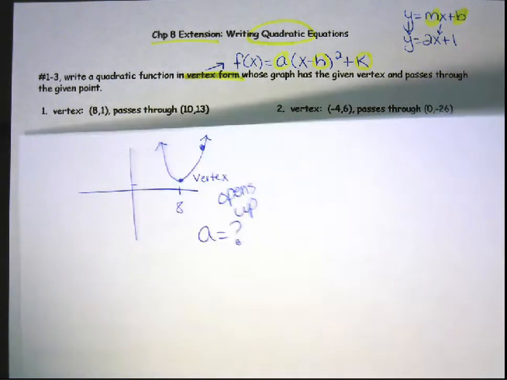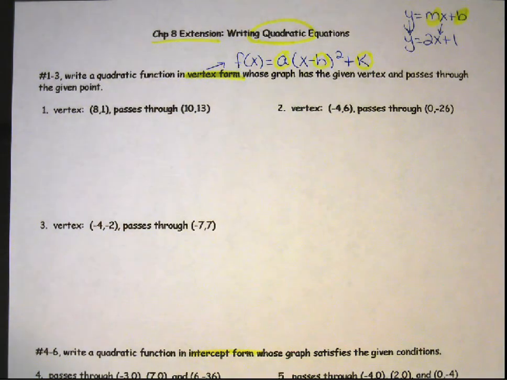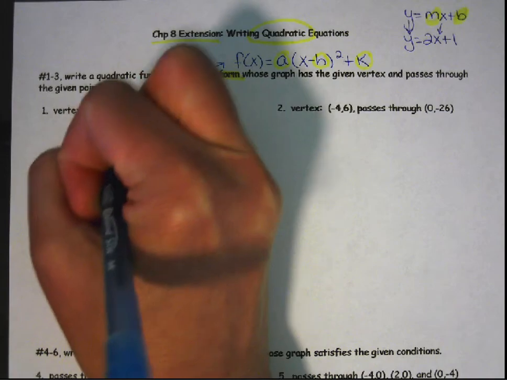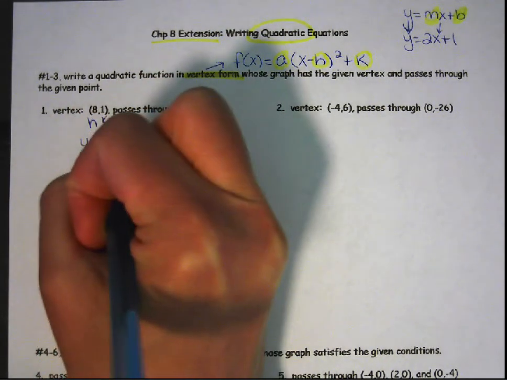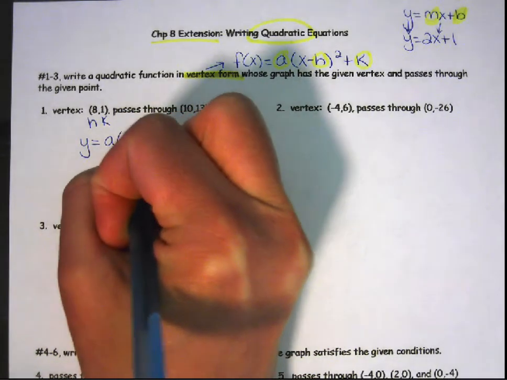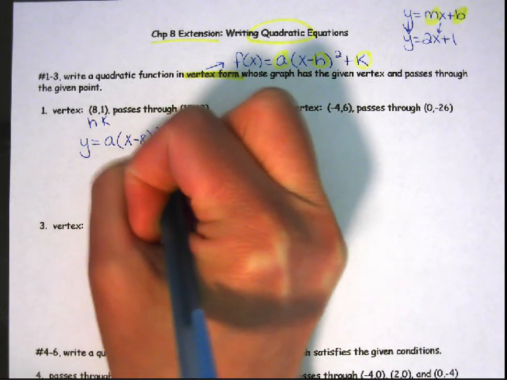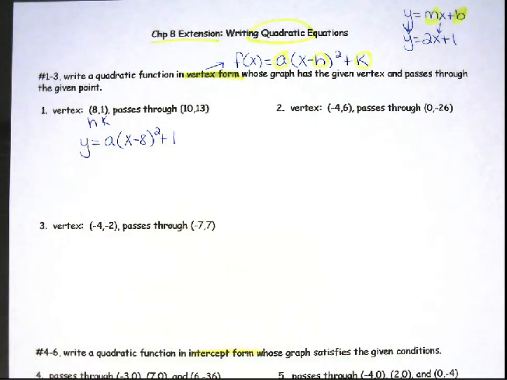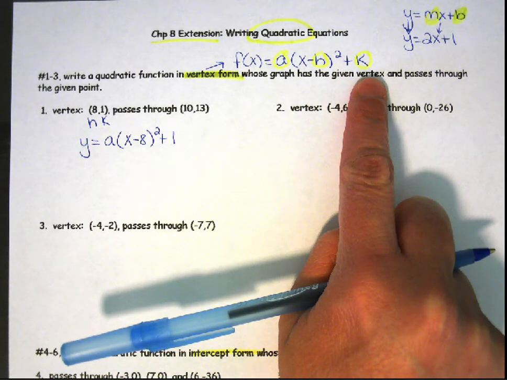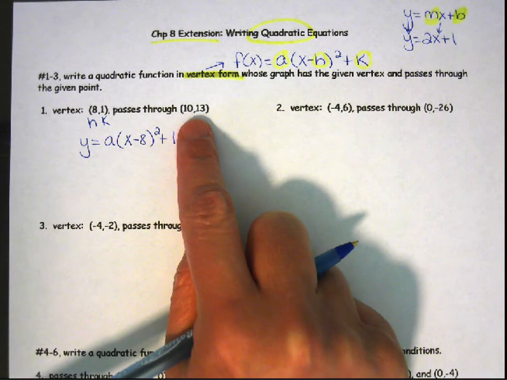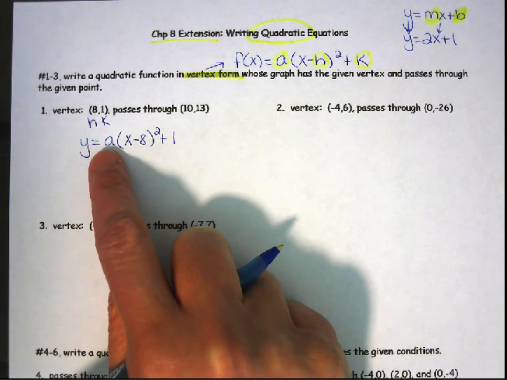Okay, so the first thing we're going to do is plug in this vertex for H and for K. So I take my equation and replace the H with 8 and the K with 1. That's all I've done, just replaced the original formula with my H and my K. Now I'm going to use this ordered pair to find my A value.